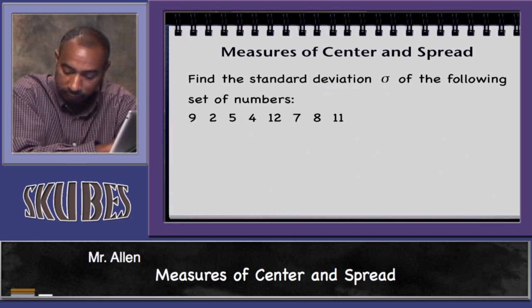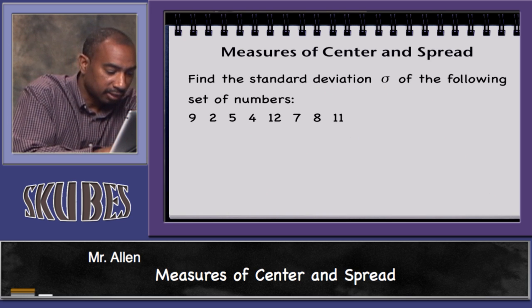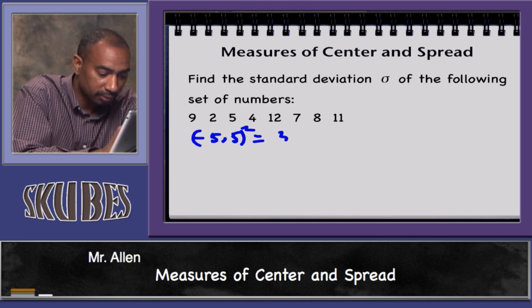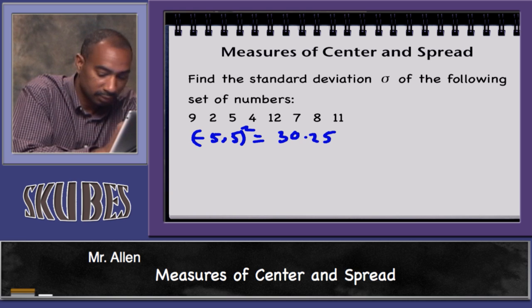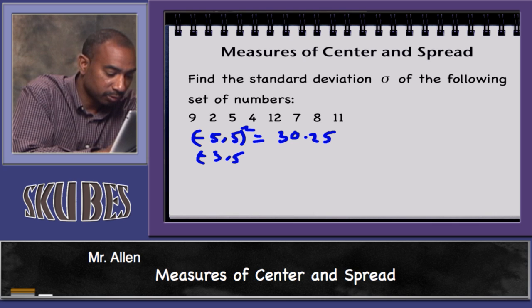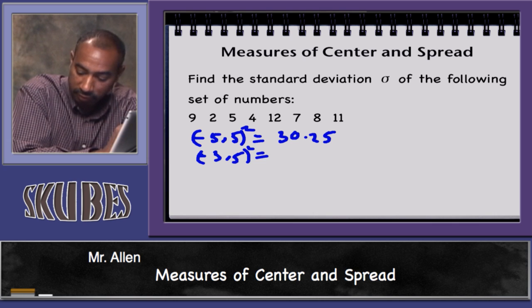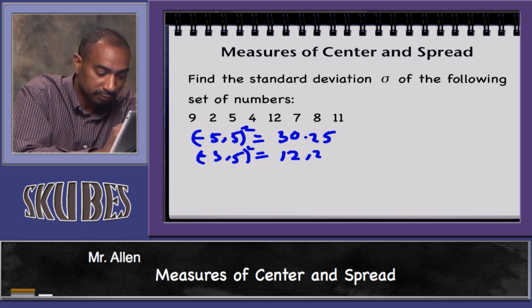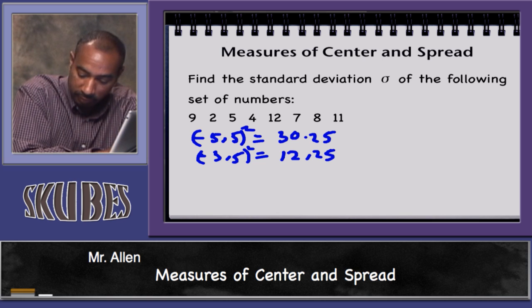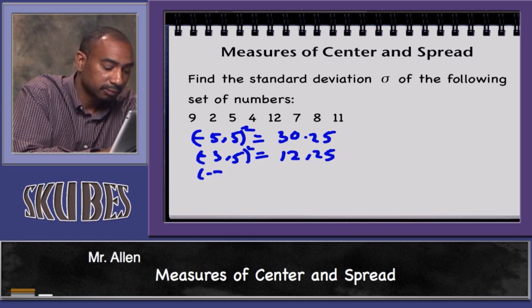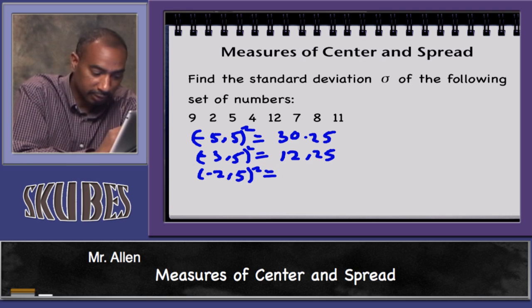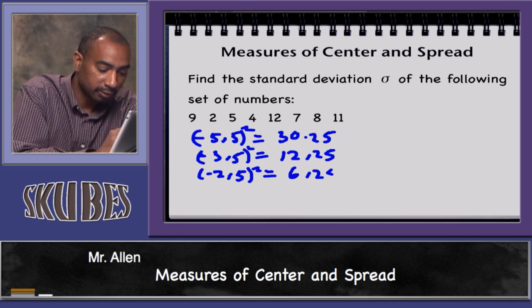All right, so I have negative 5.5, and I'm going to square that. If I do that, I should get 30.25. Then I had negative 3.5. I square that. I should have 12.25. Then my next one was negative 2.5. I square the result there. I get 6.25.